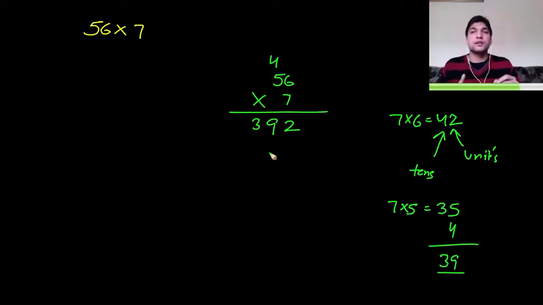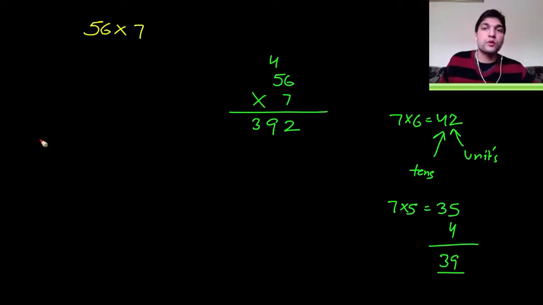Remember, this 9 is at the tens place because this 4 was also at the tens place. When we got this 7 times 5, we got 35 tens because this 5 was already at the tens place. So we got 35 tens, and in 35 tens we are adding 4 tens. So that means you can also think of this as this thing.